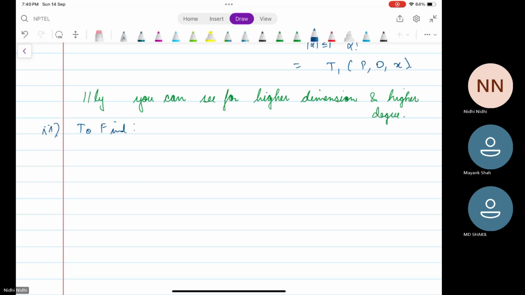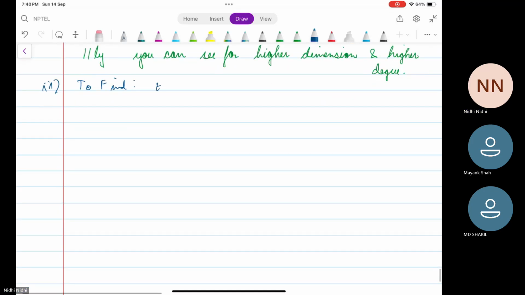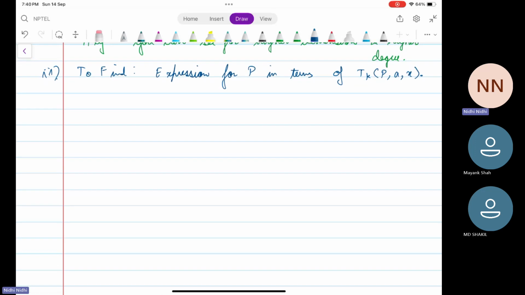Find the expression for p in terms of T_k p(a)(x). So now since p(x) is a polynomial of degree k, it is an element of the vector space of all polynomials of degree at most k.